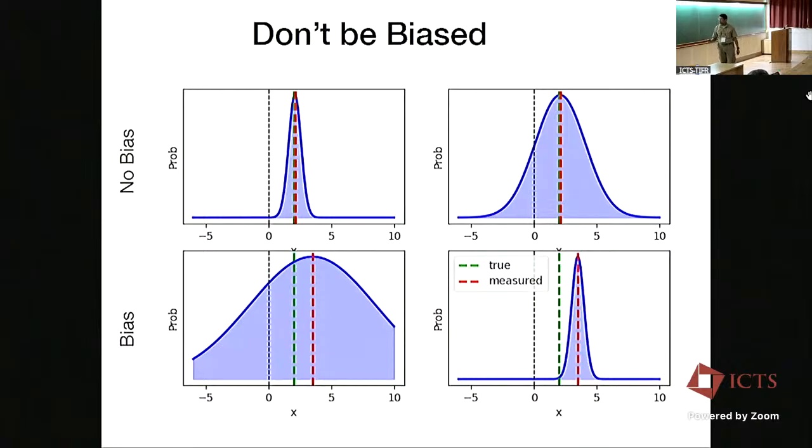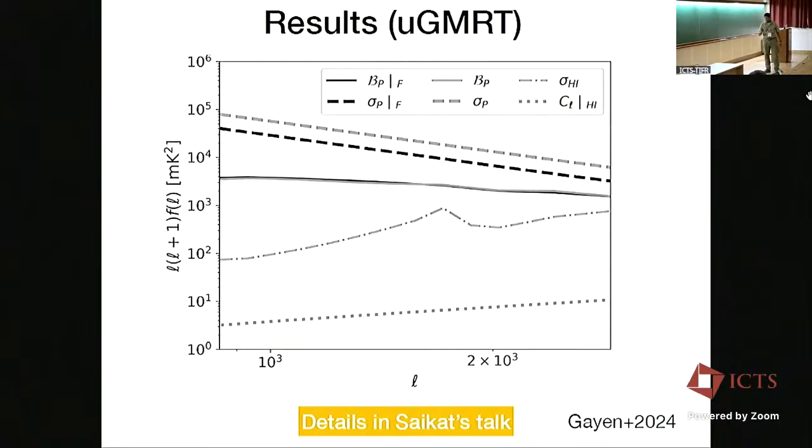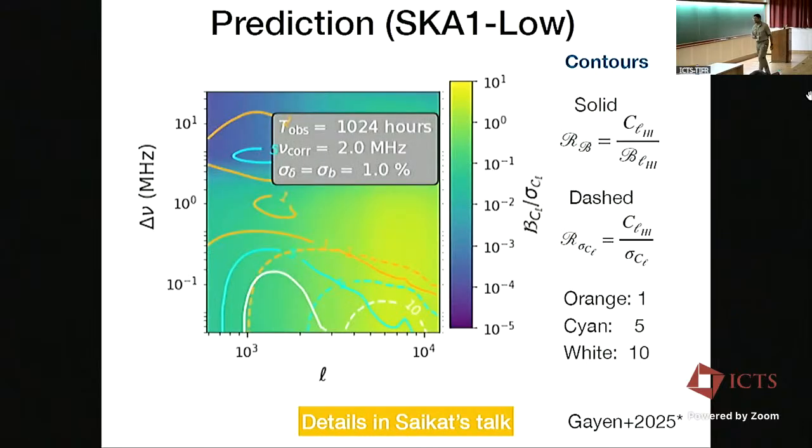But the real problem will be here, where you have not actually measured the bias and you think that the red line is the detection, but all you detect will be the bias. And as you will see, this is the case of GMRT, which again Shaikat will talk to you about. The bias is less than the sigma. This is the case of SKA prediction. You see in this region, the bias is actually greater than the standard deviation.